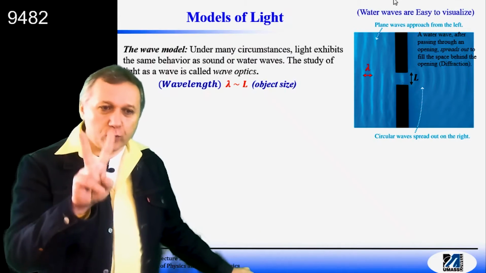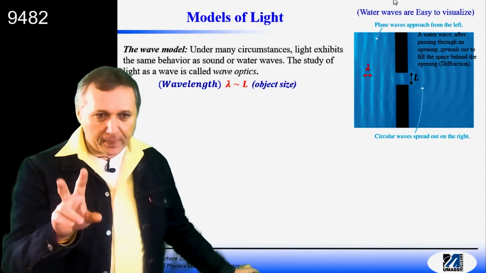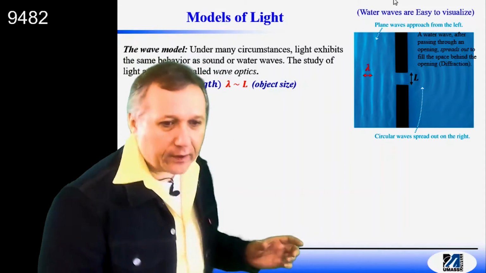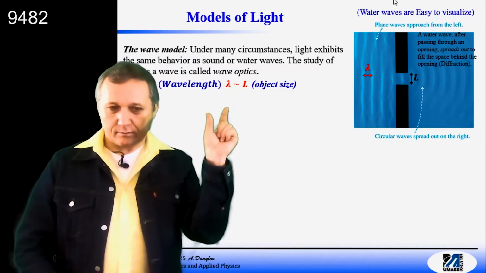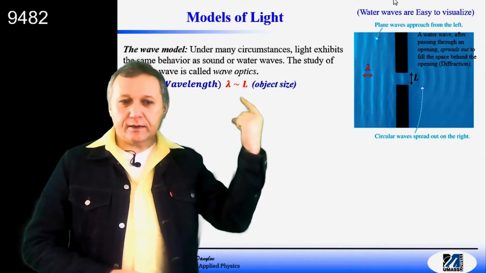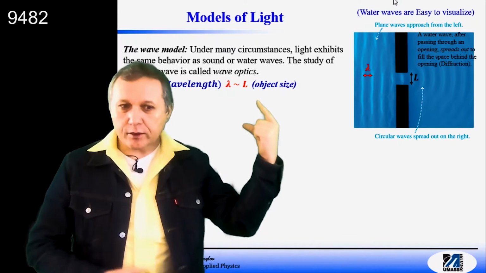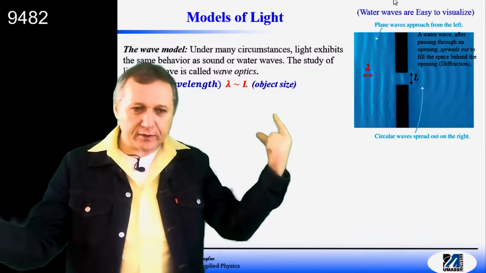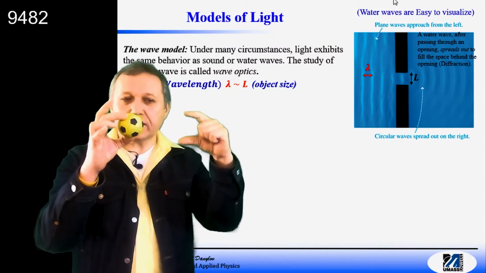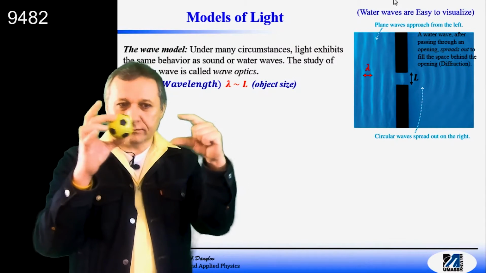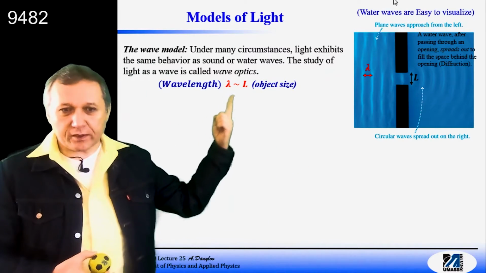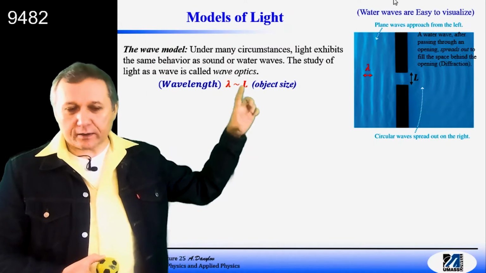So there are two ways of modeling light. Let's say you have light with a wavelength of this size, and this light is interacting in your experiment, in your observation, with an object, and the size of the object and the wavelength are comparable. Comparable doesn't mean exactly the same, just that lambda is similar to the size of the object.